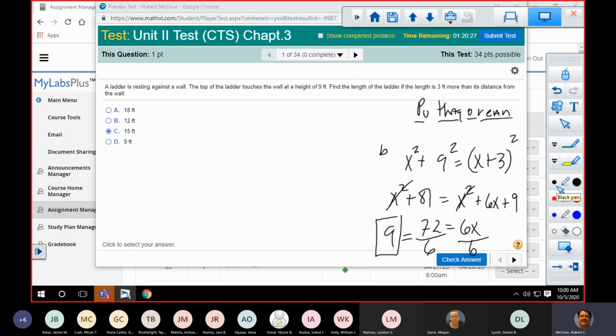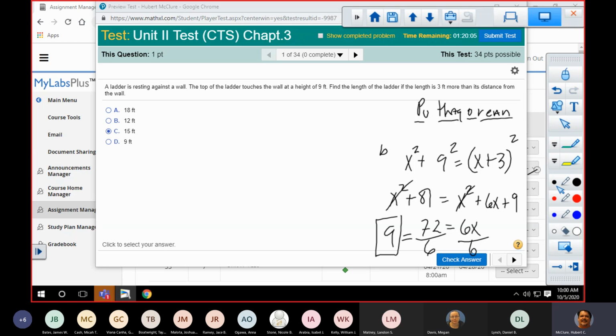Now, that's still not right. What did I do wrong this time? Somebody help me out. 72 divided by 6 equals 12. Thank you. That's still not the answer.